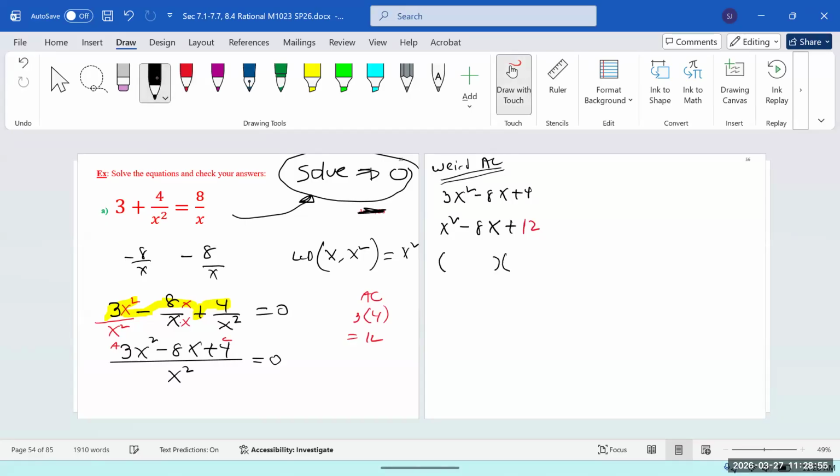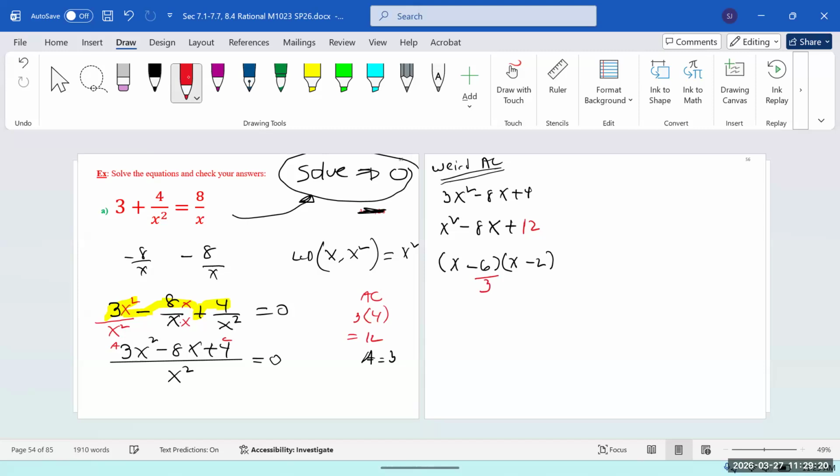And now let's factor directly. Which two numbers multiply to 12 but combine to negative 8? Negative 6, negative 2. Perfect. What is our A again? So which of these is divisible by 3? So we divide the 6 by 3.